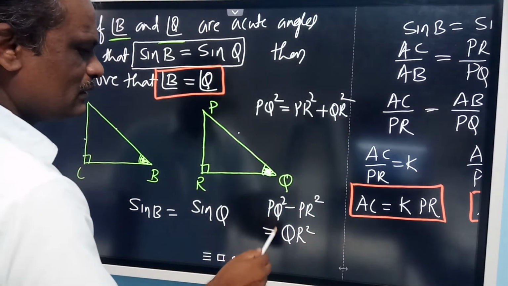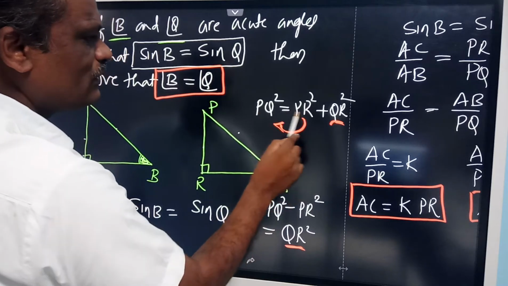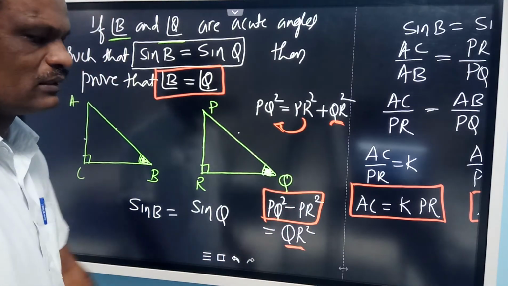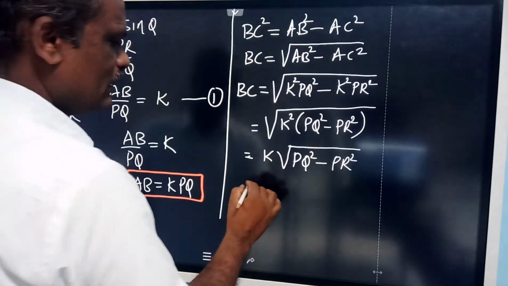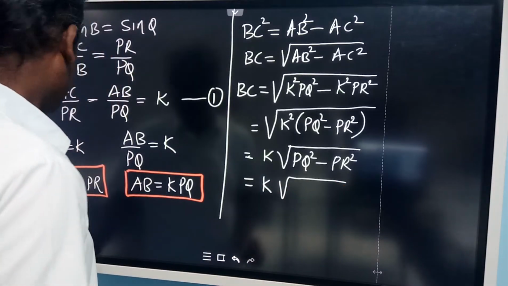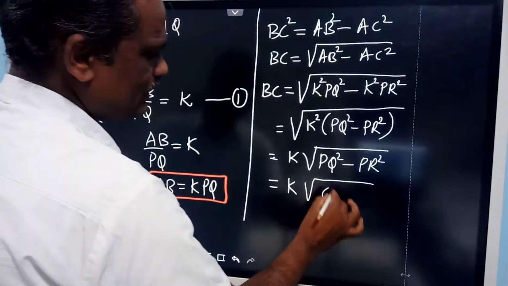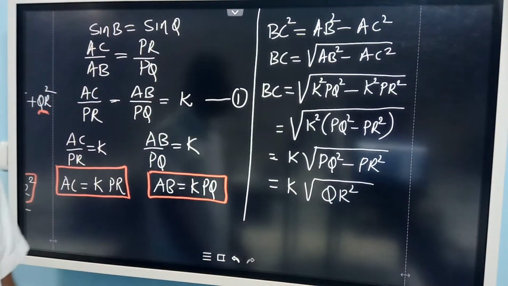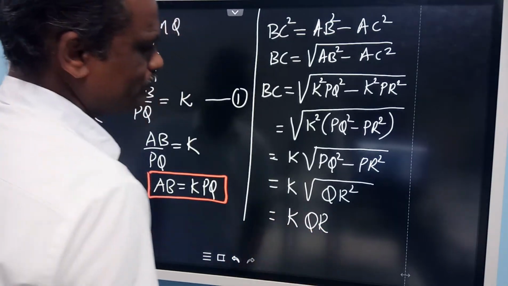We want QR square, so transfer to the left side: PQ square minus PR square will give you QR square. So in place of PQ square minus PR square, I can write QR square. Now it's a square number, take outside the root. It becomes K into QR.